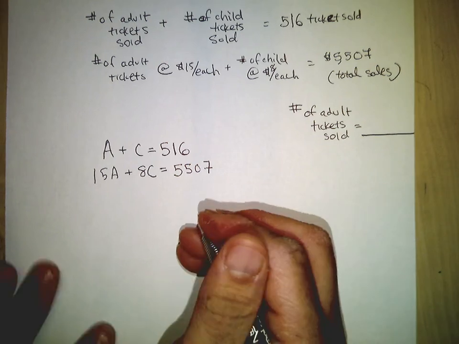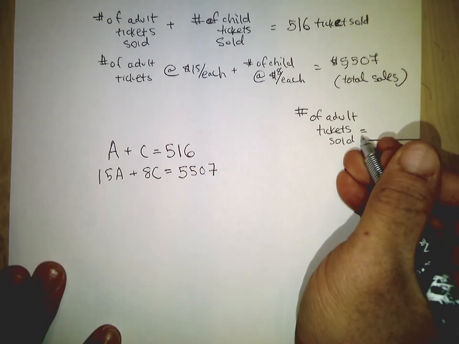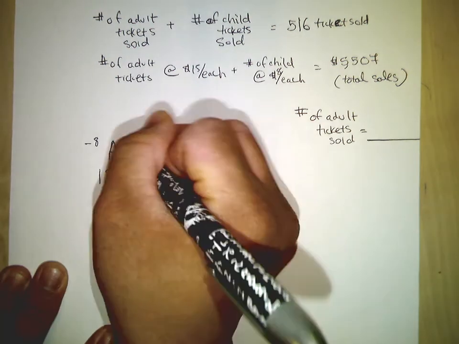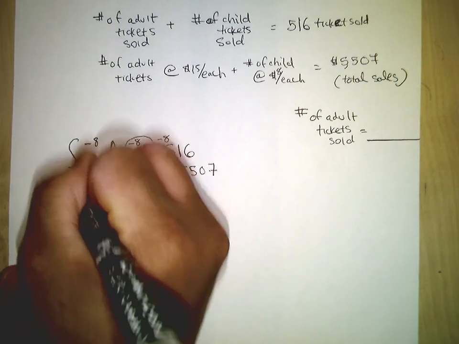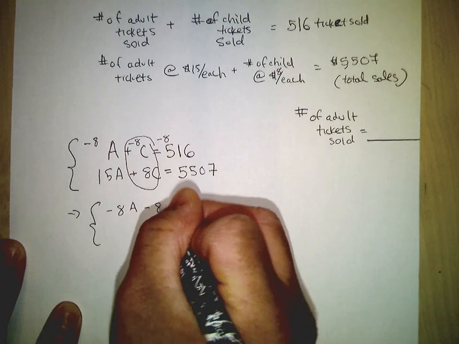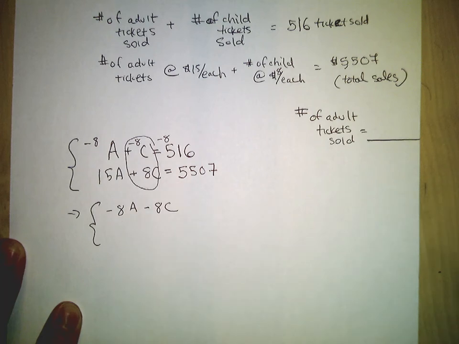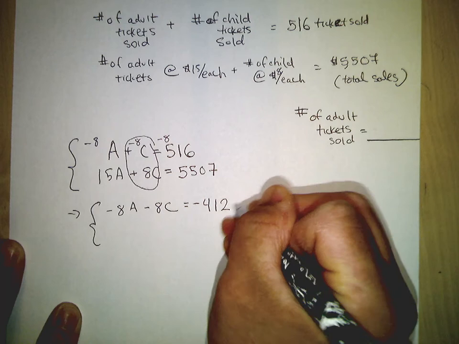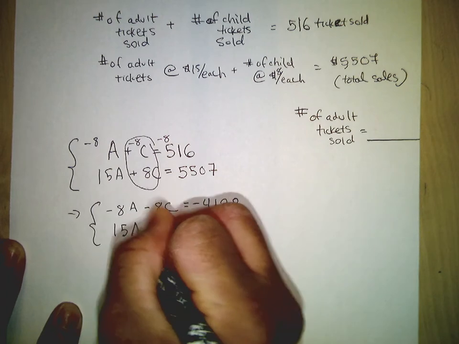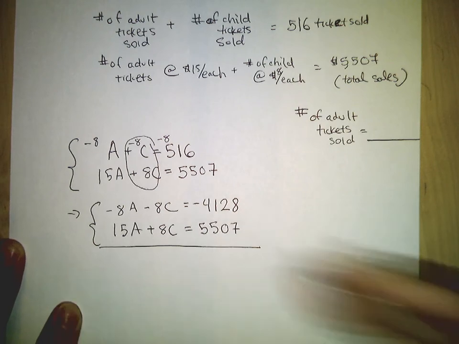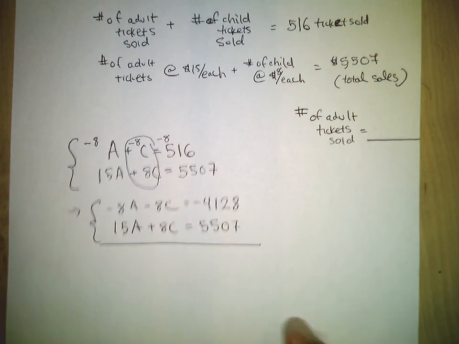All right. So if I want to solve for the number of adult tickets, I need to eliminate the number of child tickets from here. So I can multiply by -8 to do this. So we have -8A minus 8C, and then this will be, let's do this mentally here, -4,128. Then I have 15A plus 8C is 5,507. Then I'll do the elimination step.